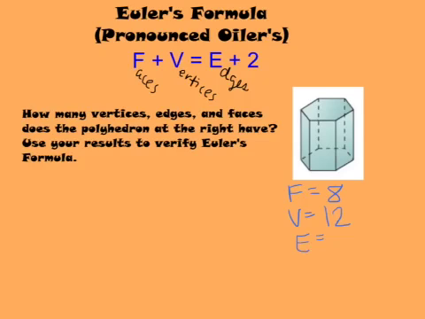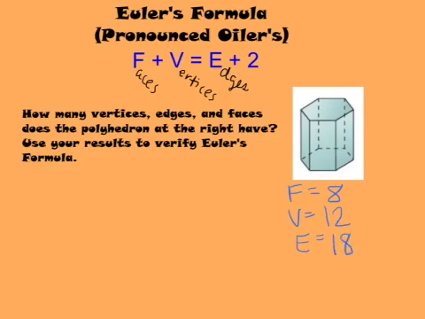And edges, I've got 1, 2, 3, 4, 5, 6. So there's 6 edges there. 6 edges at the top, that's 12. But then I also have these 2, 3, 4, 5, 6 edges going up vertically along my shape. So that was 6 here, 6 here, and 6 here, which gives me 18 edges.